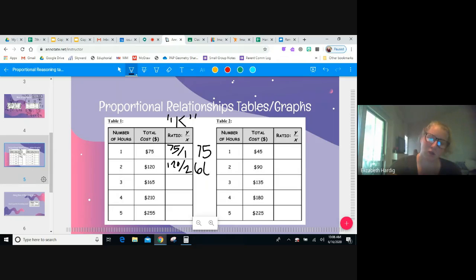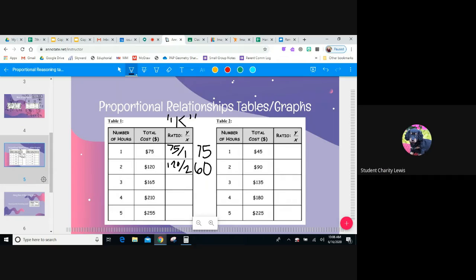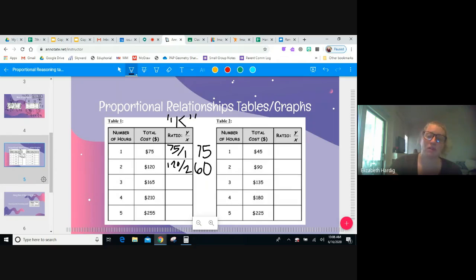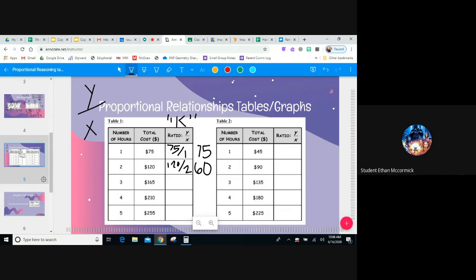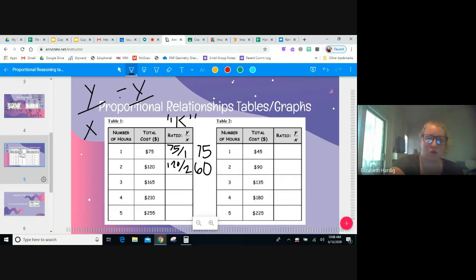So are those ratios equivalent? No. So is the table on the left going to be proportional? No, because every time you take y over x, it would be equal in a proportional relationship.